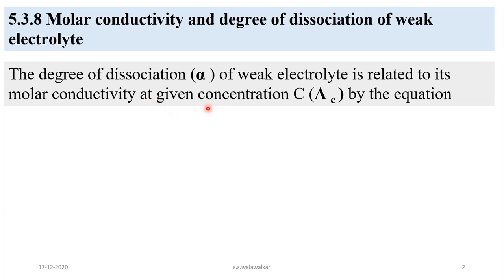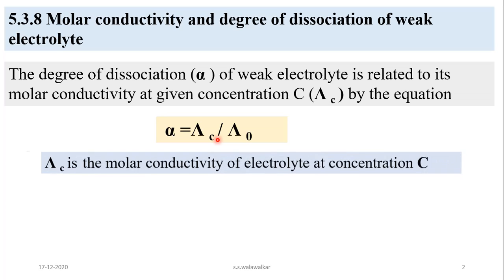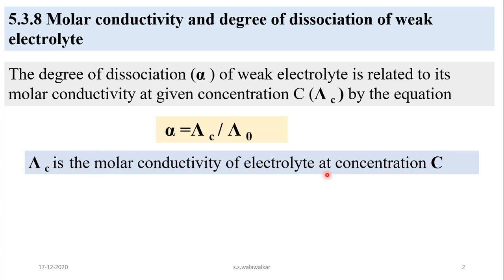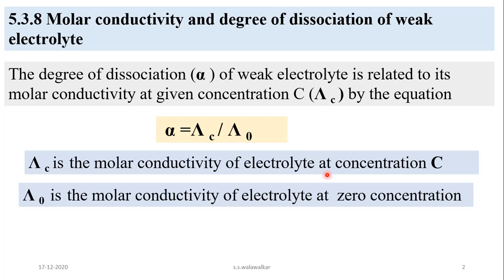The relation between these two is alpha is equal to lambda C, that is molar conductivity at concentration C, divided by lambda 0, that is molar conductivity of electrolyte at 0 concentration. So ratio of these two gives you degree of dissociation.